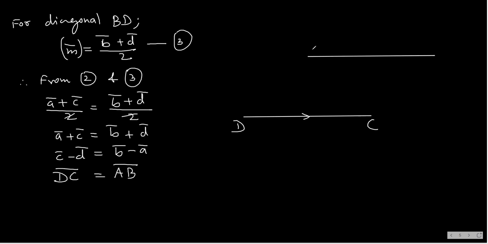It has to have the same length and the same direction, so that makes it parallel. Same direction will give rise to parallel vectors. So DC bar is equal to AB bar. Now join this, and you get AD and BC.